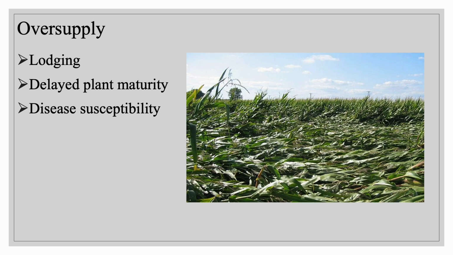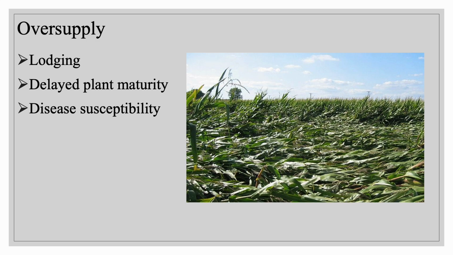One problem that we have if we apply too much nitrogen is that the plant starts to grow a little faster than it's supposed to. It doesn't lignify, and so it becomes kind of flimsy. If it can't hold itself up, it will fall over, and we call that lodging. Sometimes it can delay when a plant matures, because there's still so much nitrogen going into that plant.